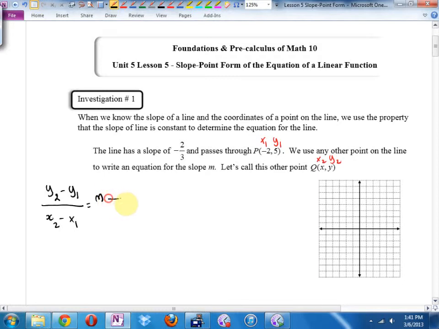Except we're going to plug in everything that we can. What is the slope according to this question? So where there's an m, I'm going to put a negative 2 over 3.